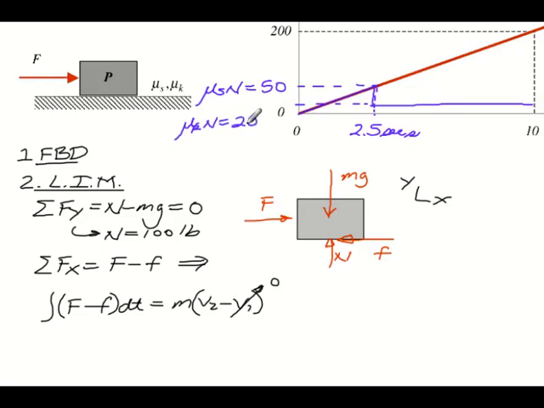So what we see here is that up until what time I'm going to call T1, the block doesn't move because the friction force and applied force cancel each other out. So I can start the clock here at T1 because nothing happens before then to T2.